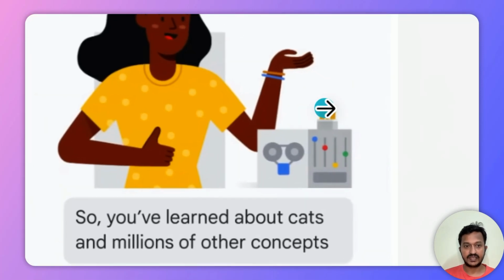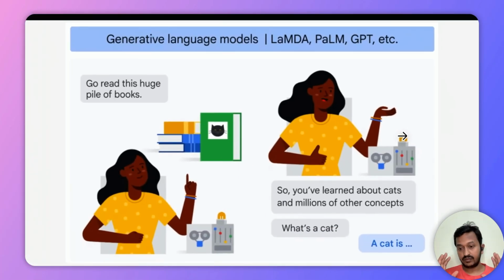But now this is where we are. We see generative AI models like LaMDA, PaLM, GPT, etc. If you ask it, hey, go read this huge pile of books, it'll go read all the books. And if you ask these models, hey, now you know a lot about cats and dogs, can you write an essay?